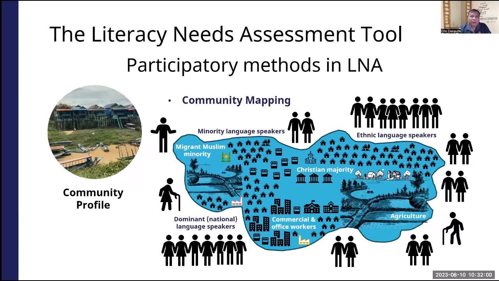So this is one way to engage the community in doing the literacy needs assessment in community profiling. And yeah, the national language is used in the schools. So from this information alone, we can see that the local language is not being used in education or in literacy.